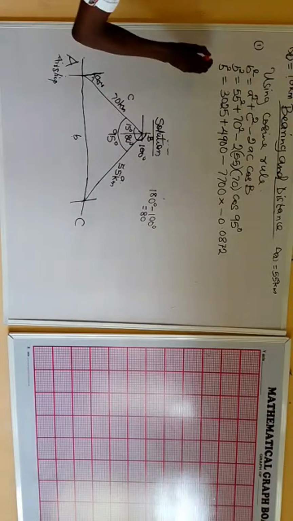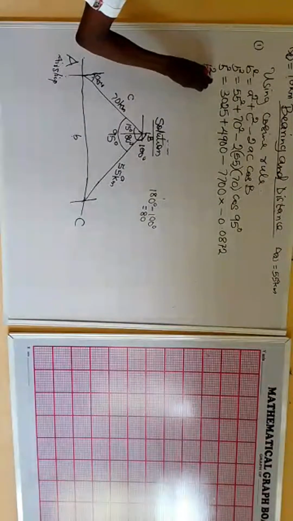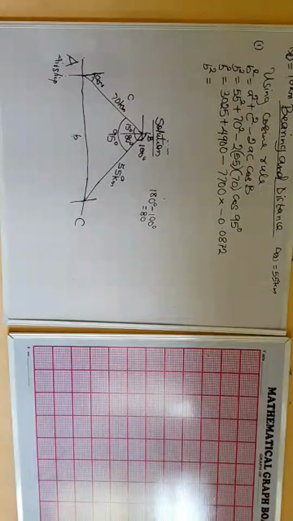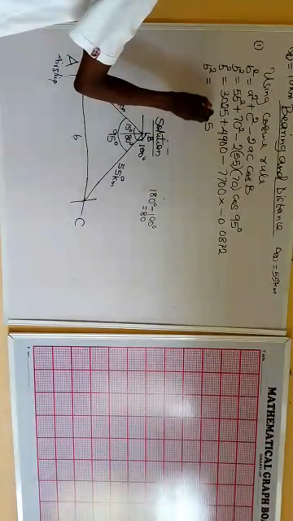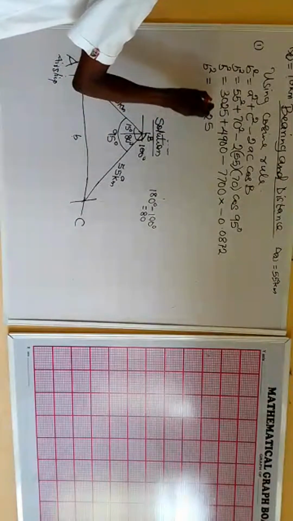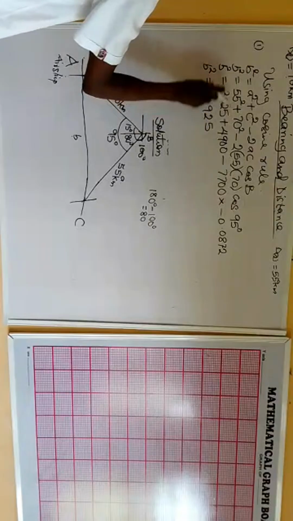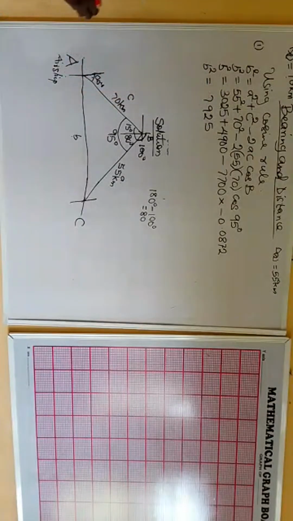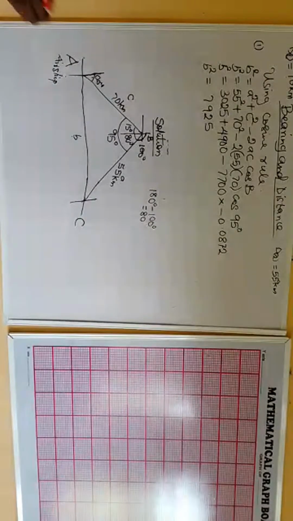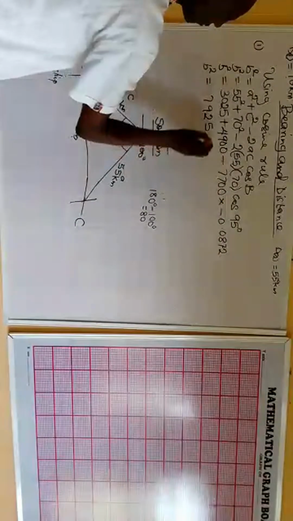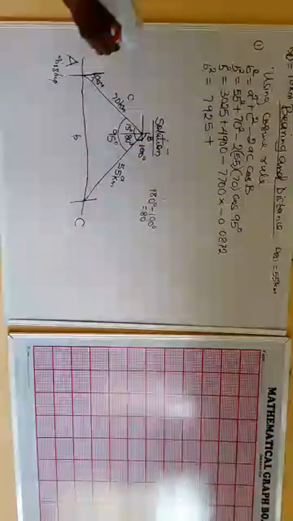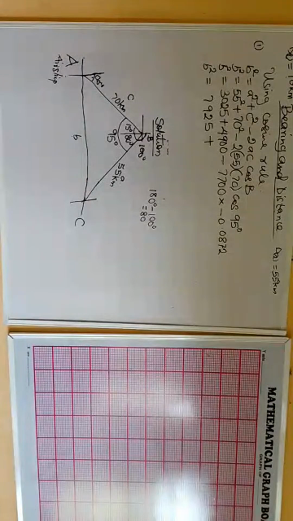Then b squared. What is 3025 plus 4900? Here is 5, here is 2, here is 9, and here is 7, which is 7925. Okay, let's multiply. Take note, minus times minus is plus.